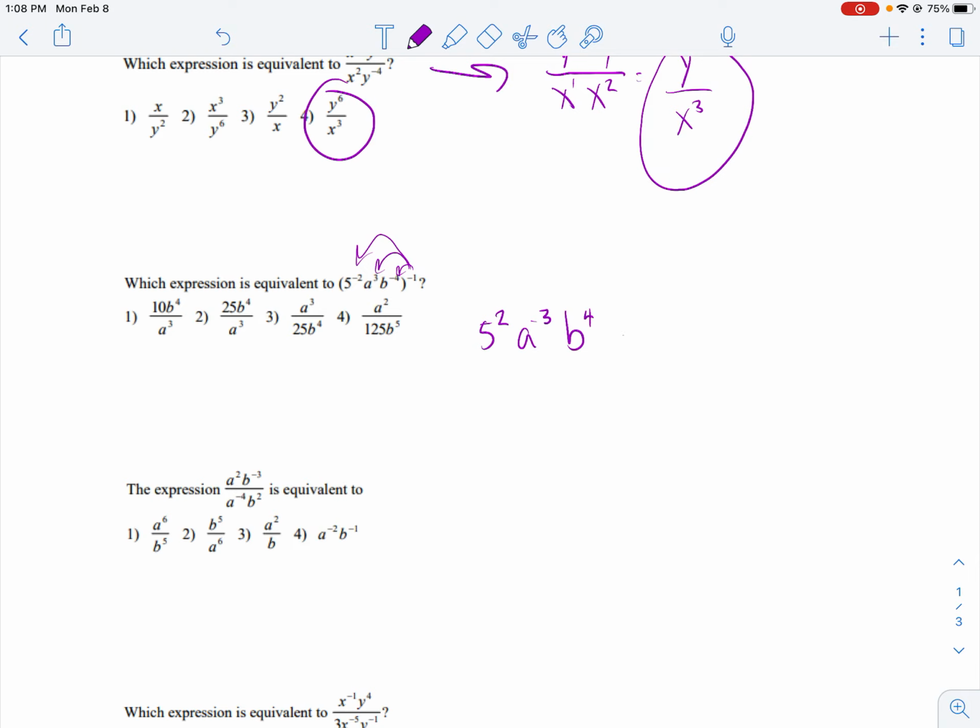The only one that doesn't belong in the numerator is that a cubed, so I shove it in the denominator, raise it to that power, and everybody else is left in the numerator there. So our answer is number 2.